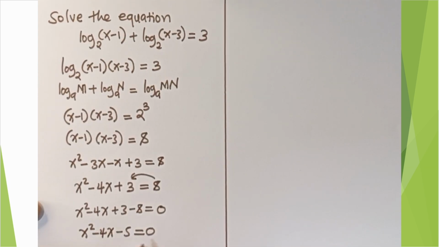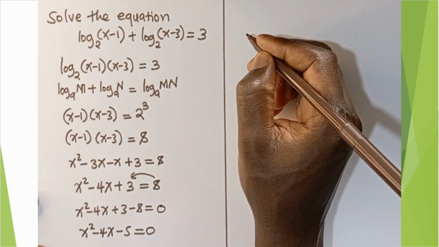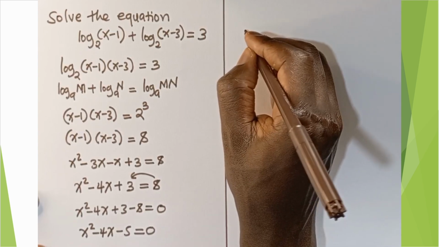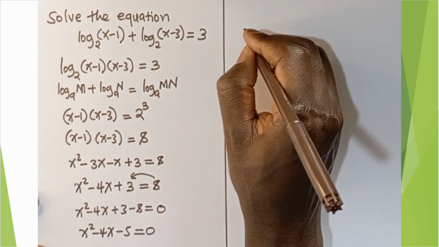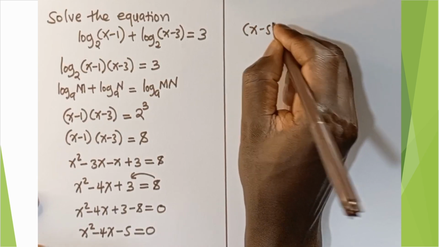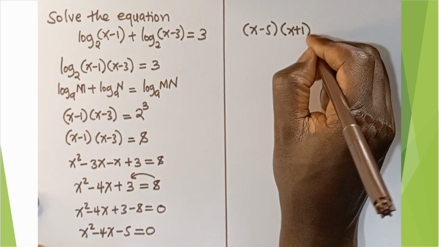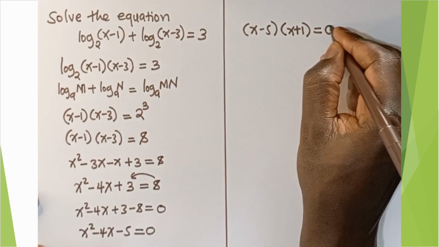So we go ahead to use any way to solve the equation. Using factorization in this case, we have (x minus 5) into (x plus 1) is equal to 0.